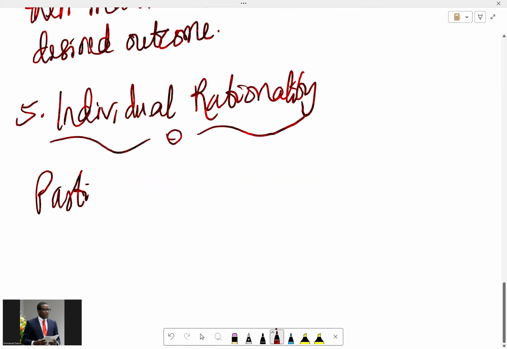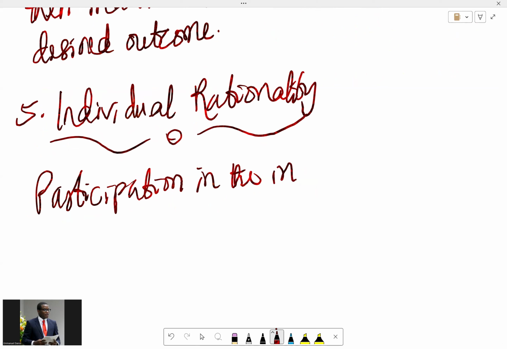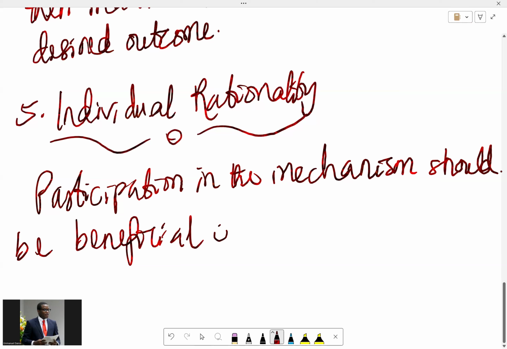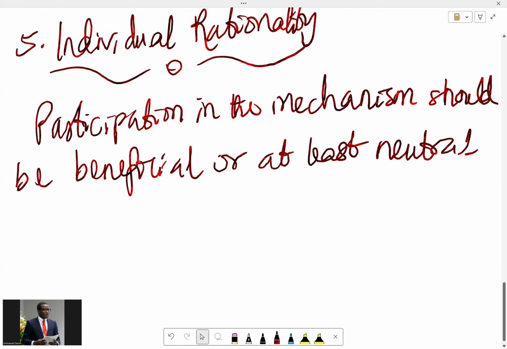In the case of mechanism design, when we talk about individual rationality, we're talking about participation in the mechanism being beneficial, or at least neutral, for every player.